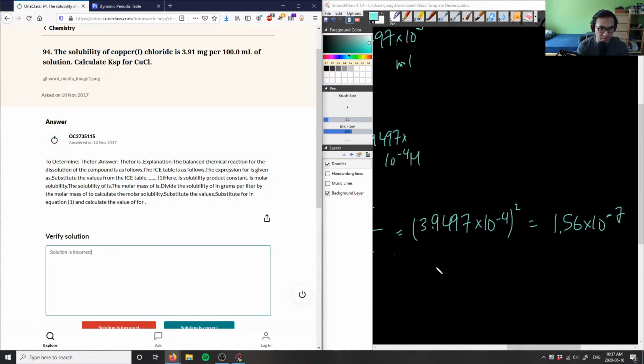So I'm just going to write down the steps but not do it. It says we need to solve for the concentration of the copper 1 chloride solution by figuring out the moles of copper chloride using stoichiometry.